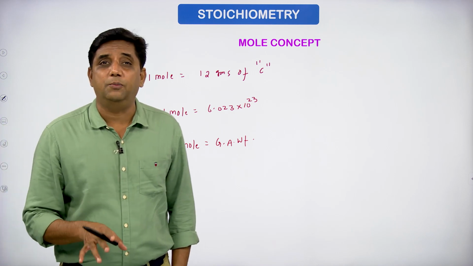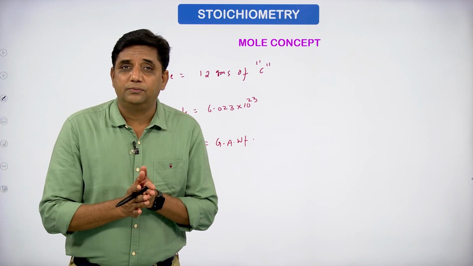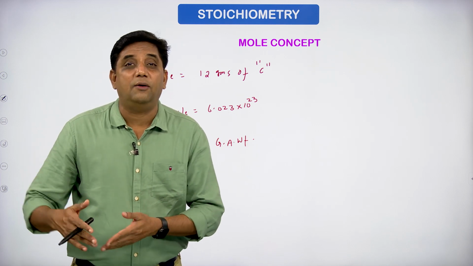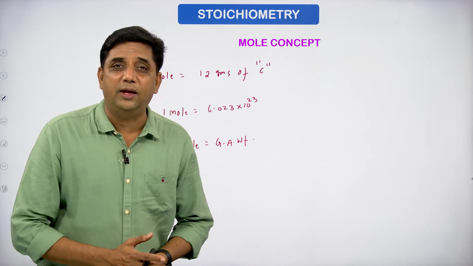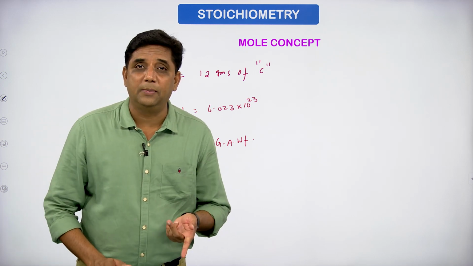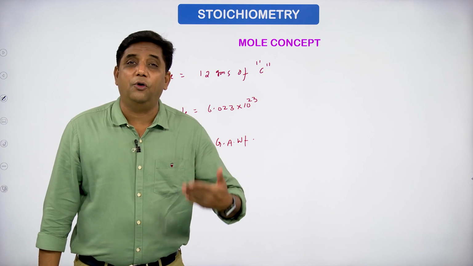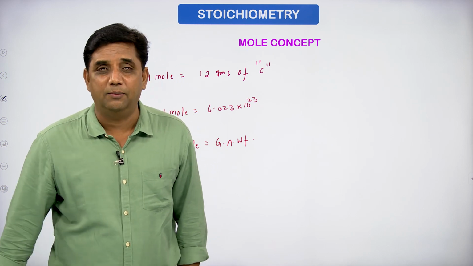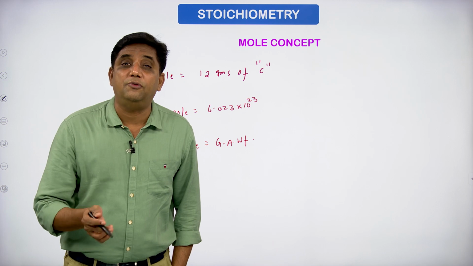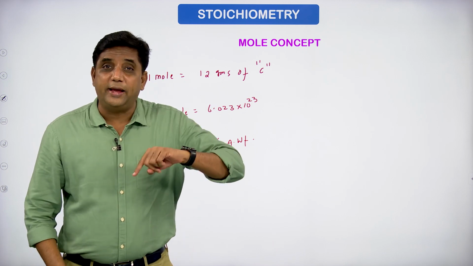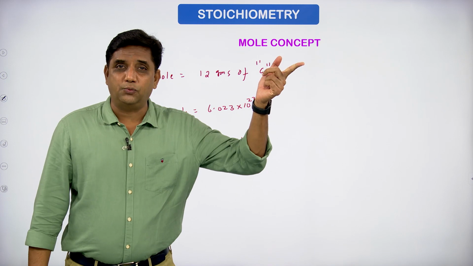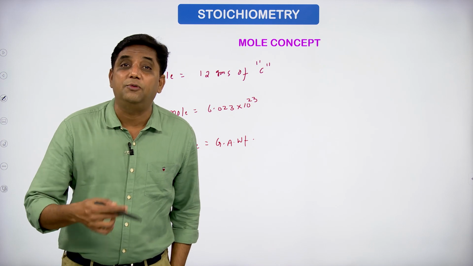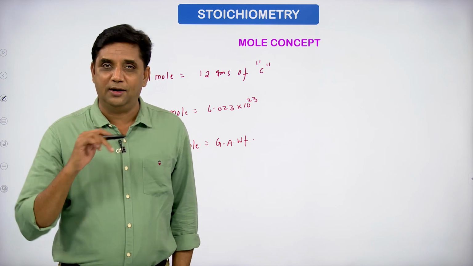The value expressed in AMU of 1 atom and the value expressed in grams of 1 mole of atoms is the same, but the unit will be different. 4 AMU means the mass of 1 helium atom, and 4 grams means the mass of 1 mole of helium atoms.